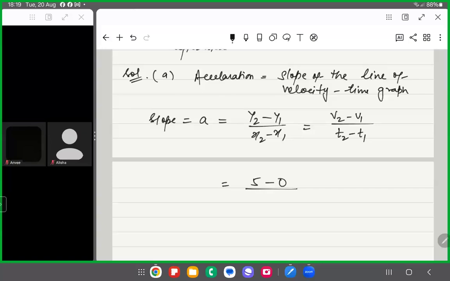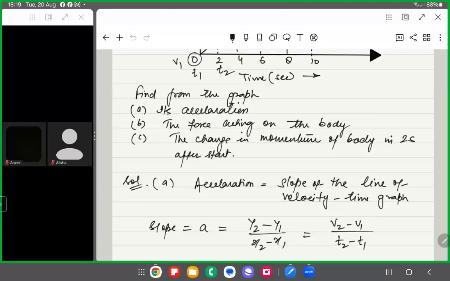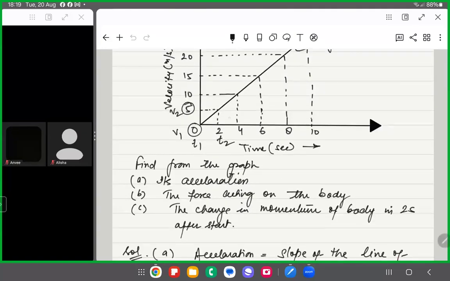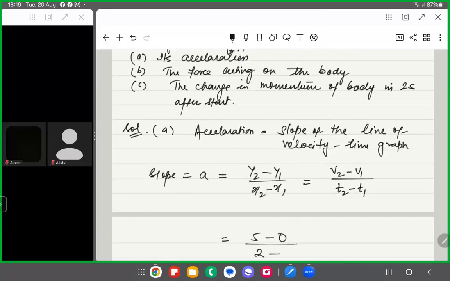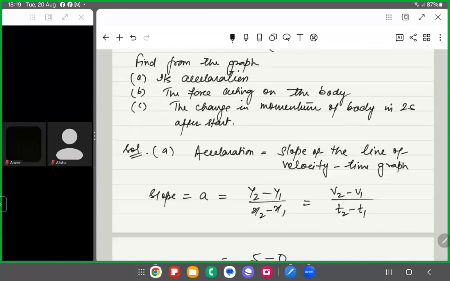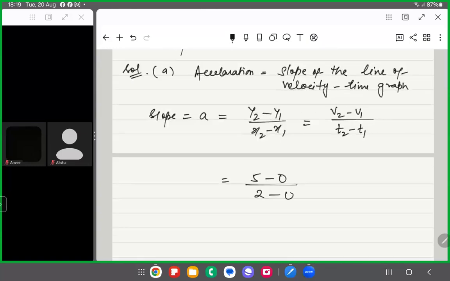Now when velocity is 5 meter per second, the time is 2 seconds, so write down 2 here. And when velocity is 0 meter per second, time is also 0. So 5 minus 0 means 5 upon 2, that is 2.5 meter per second square.